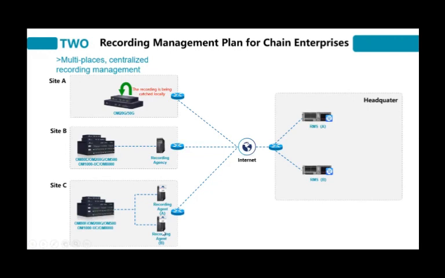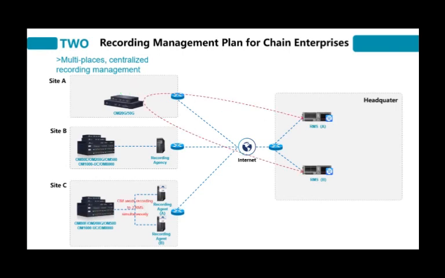For site C as well, they have a backup with recording agent A and recording agent B. And of course, for high reliability, in the headquarters we use our RMS-A and RMS-B. So 100% reliability of your recording, it will not be lost.